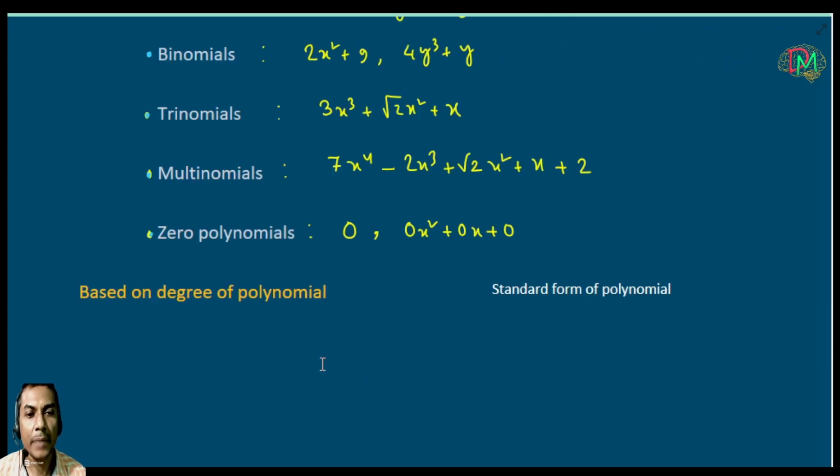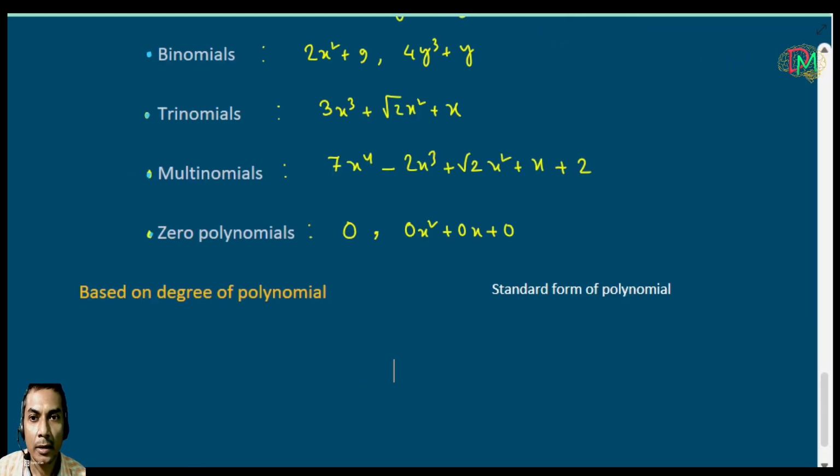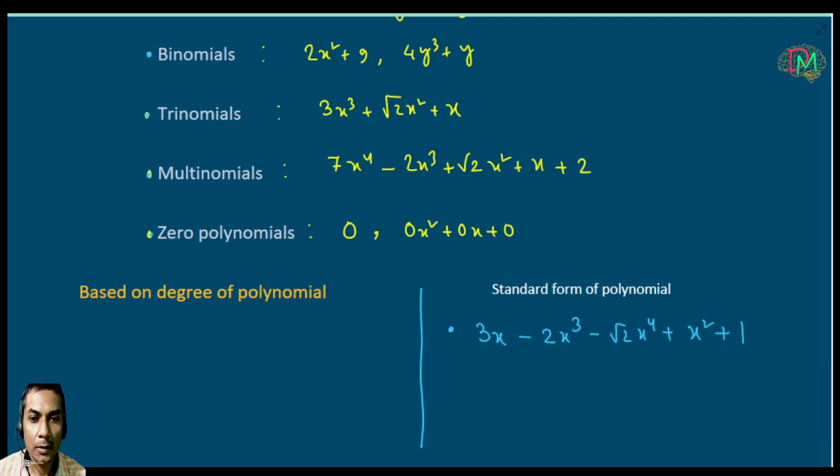Before classifying polynomials based on degree, we should have a clear idea about the standard form of a polynomial, and what degree is. So first we learn what the standard form is. Let's take one example.